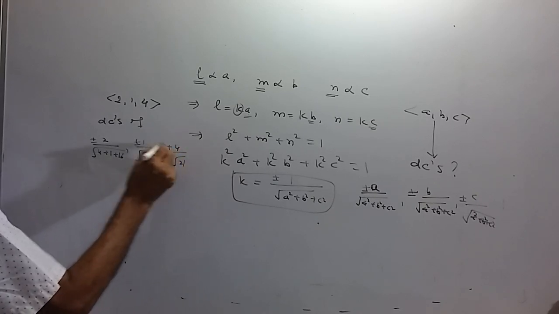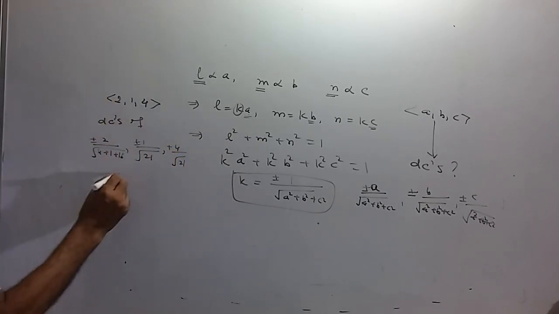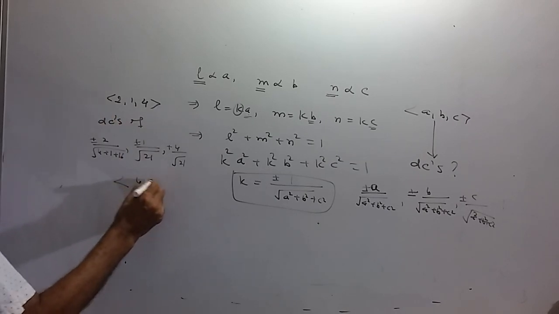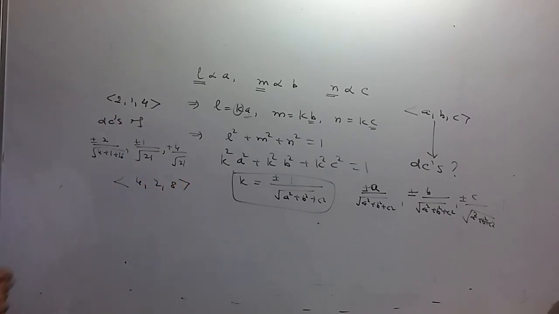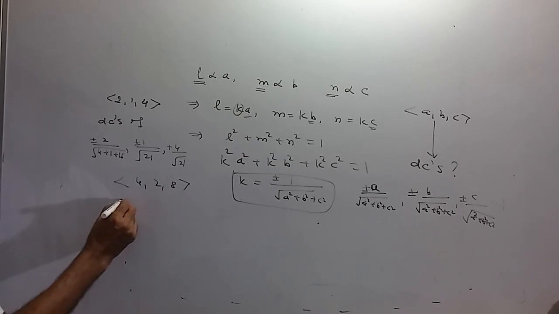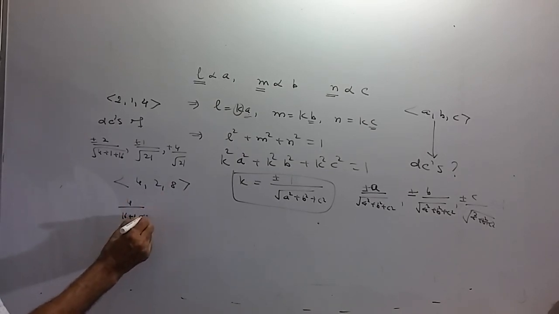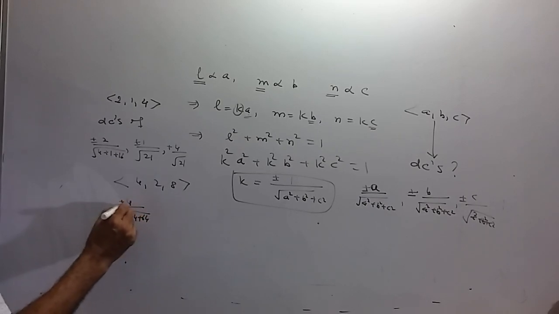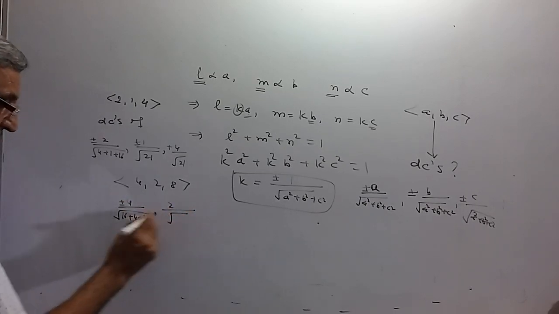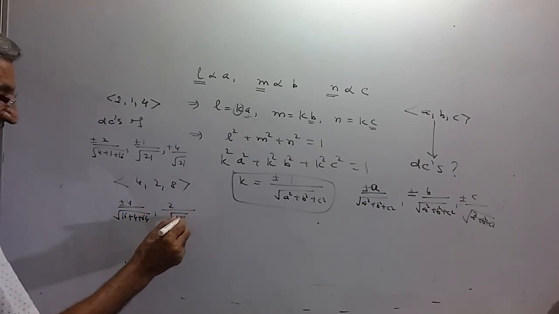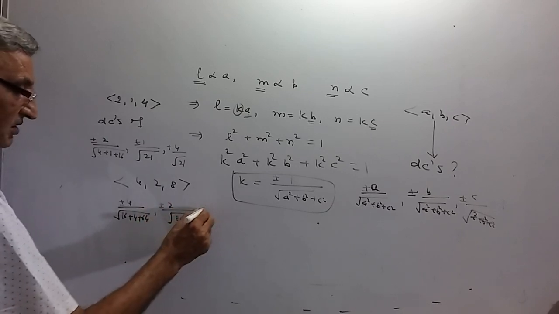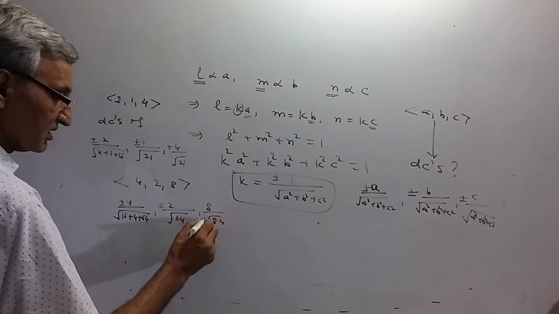Okay, if I got the direction ratios 4, 2, 8, I just multiplied by 2. What are the direction cosines? 4 upon the square root of 16 plus 4 plus 64, plus or minus 2 upon this, which is the square root of 84, plus or minus 8 upon the square root of 84.